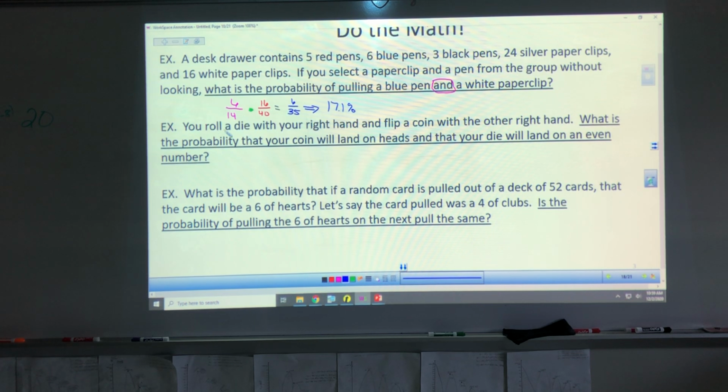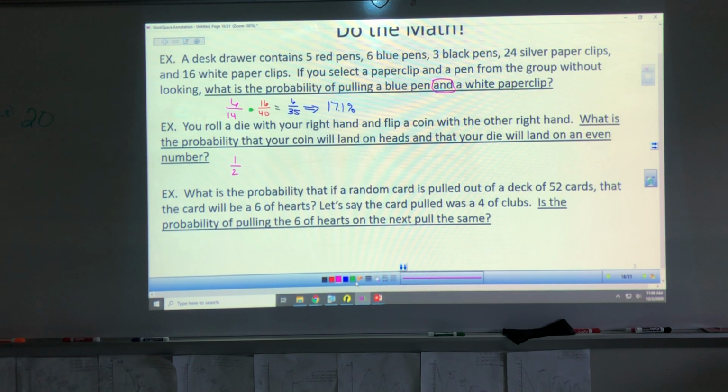Says you roll a die with your right hand, okay, and you flip a coin with your other right hand. Hopefully that would be your left hand. What is the probability that your coin would land on heads and that the die you roll would land on an even number? So let's do the coin first. With a coin, you have a 1 in 2 chance, theoretically, of landing on heads.